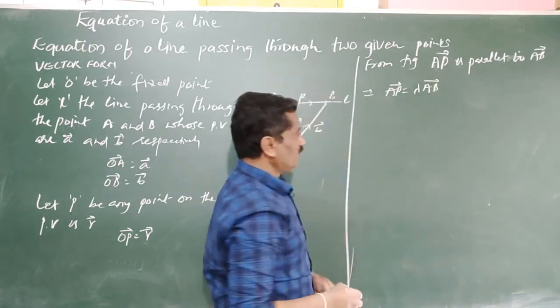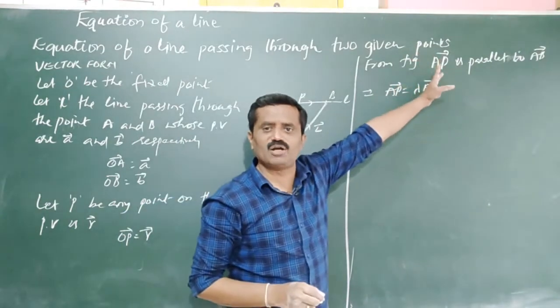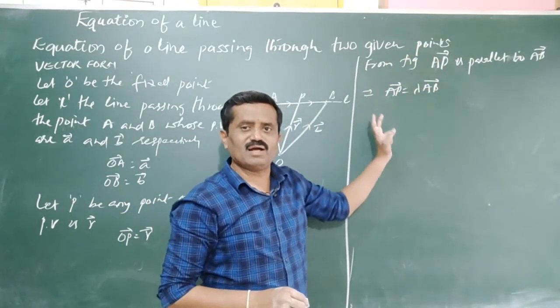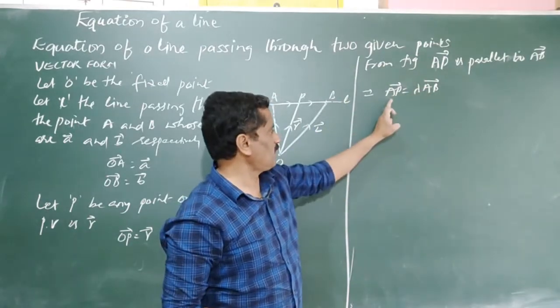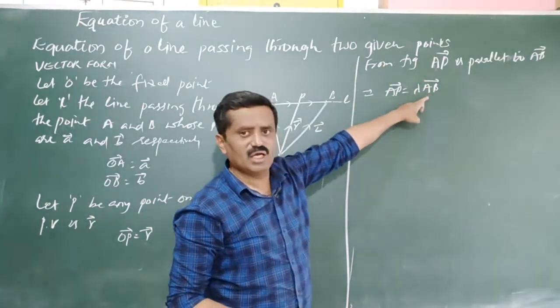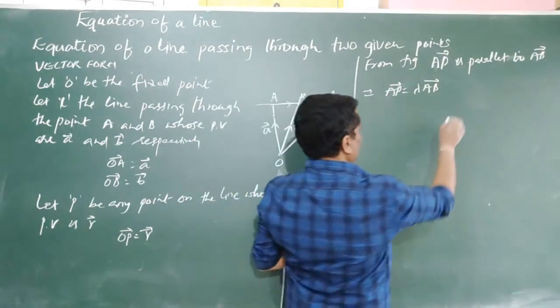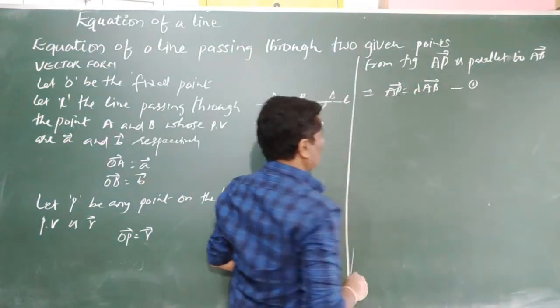We know that two vectors are said to be parallel if and only if one vector is some scalar times the other vector. Therefore AP bar is equal to lambda into AB bar. Let this be equation number 1.